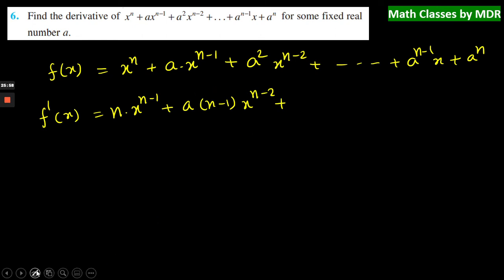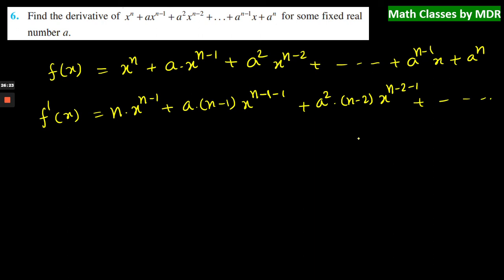I hope you can understand, just by using the x to the power n formula. n into x to the power n minus 1 here, and the same here, a is constant, and then x to the power n minus 1, n minus 1 into x to the power n minus 1 minus 1, plus a square into n minus 2 x to the power n minus 2 minus 1 and so on. If we do it for the last two terms, we will get a to the power n minus 1 into 1 into x to the power 1 minus 1, plus a to the power n is 0.